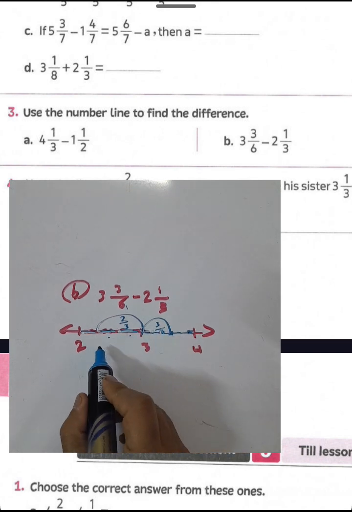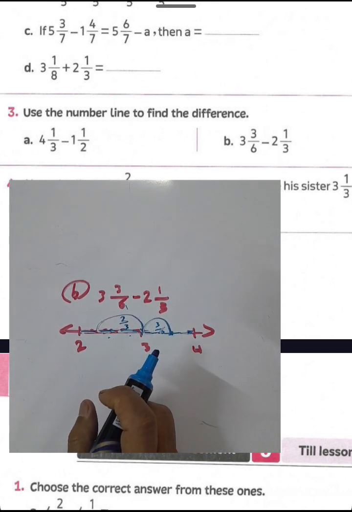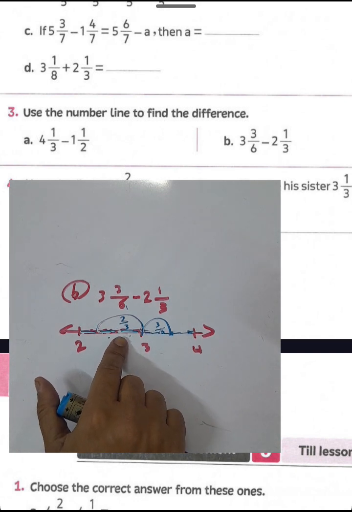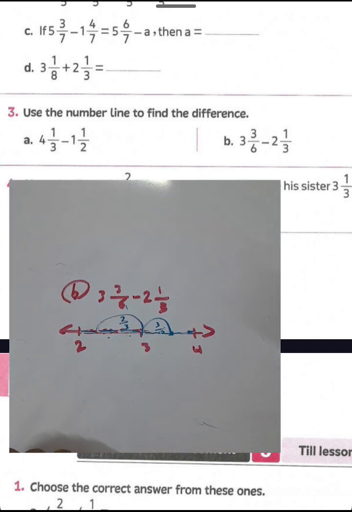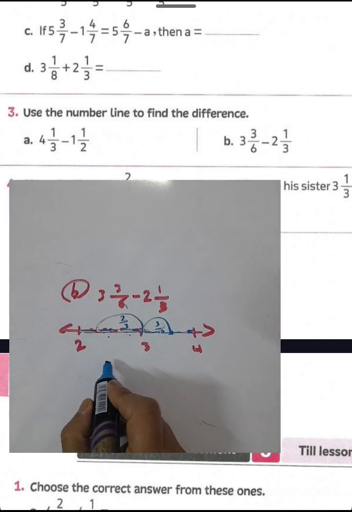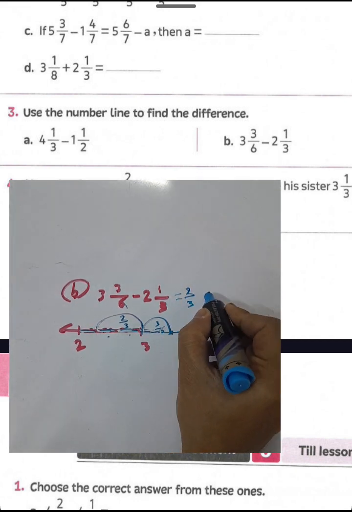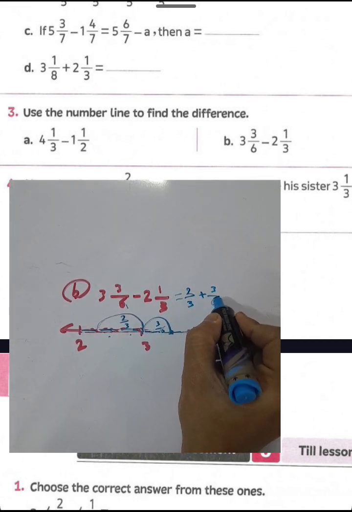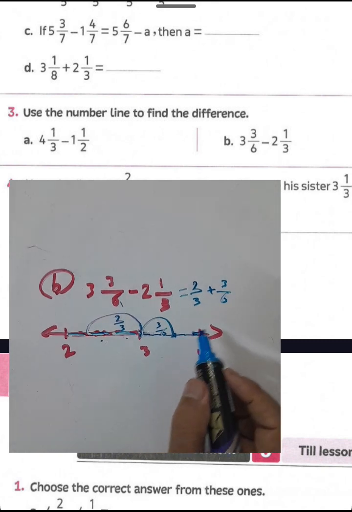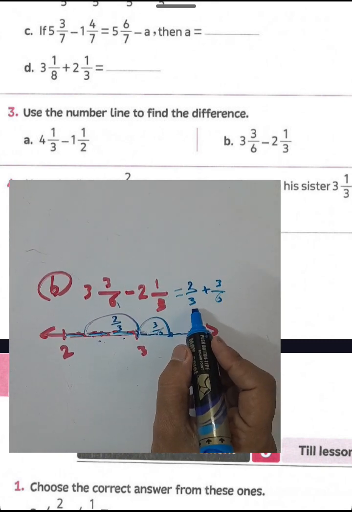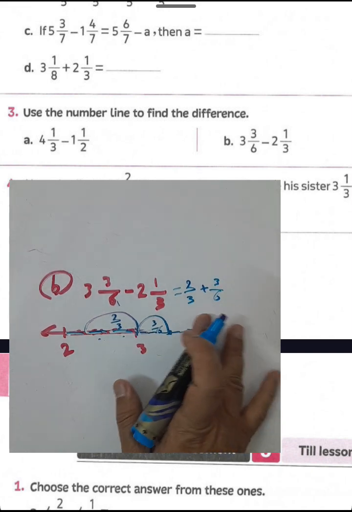And then you can add the two numbers here. We have 2/3 and 3/6. Then the difference between them equals 2/3 plus 3/6. And then you write the least common multiple of the two denominators, which will be 6. Okay, understood?